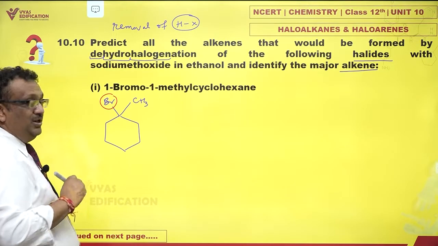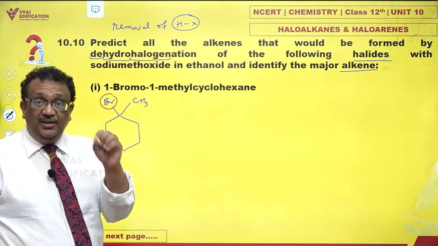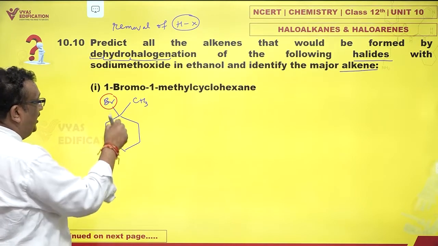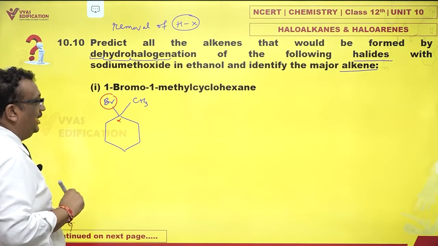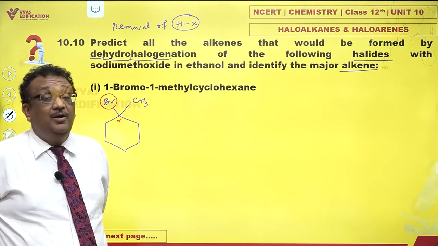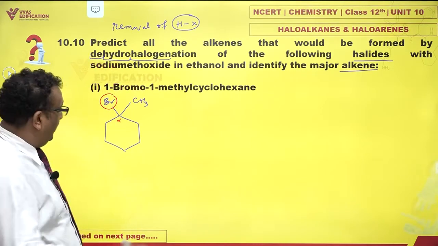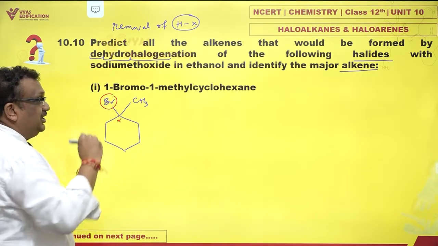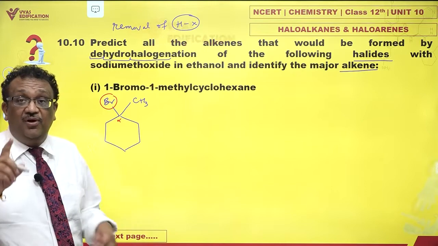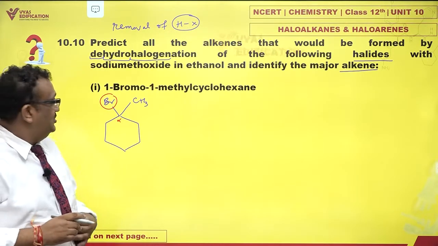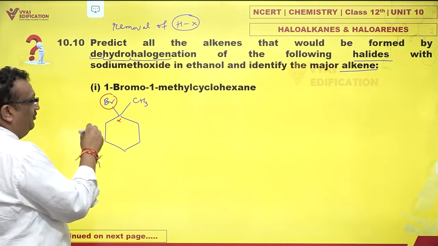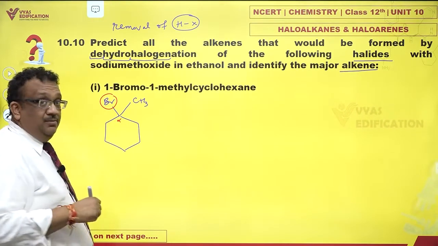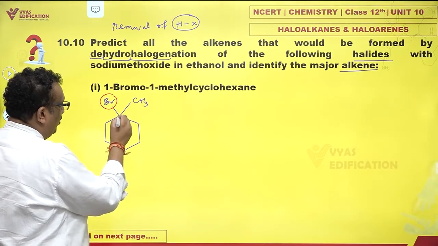Br is going to leave, right? The carbon atom to which Br is attached is sometimes called the alpha carbon. Let me repeat. The carbon atom to which the halogen is attached is called the alpha carbon, and the neighbors of alpha are beta carbons. So what are the neighbors?